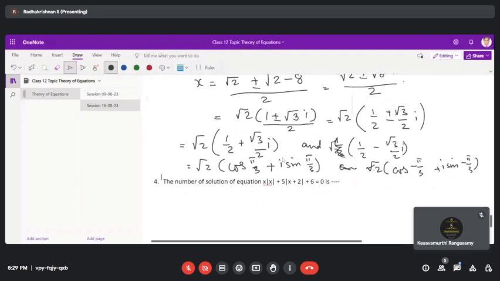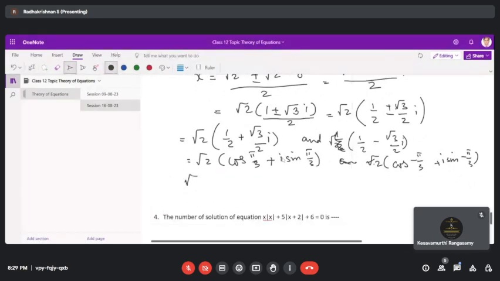So this is root 2 cis pi by 3 and root 2 cis minus pi by 3. These are the two solutions. This is A equal to this, and we can say B equal to this.